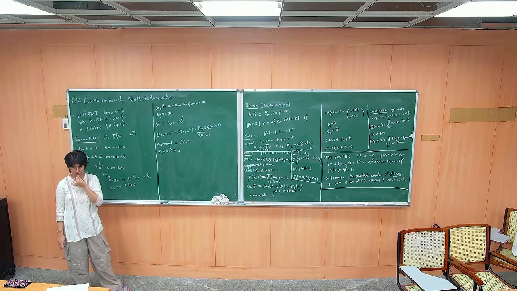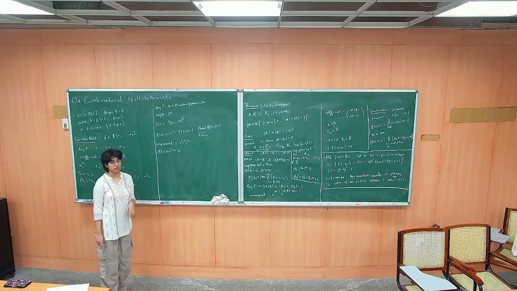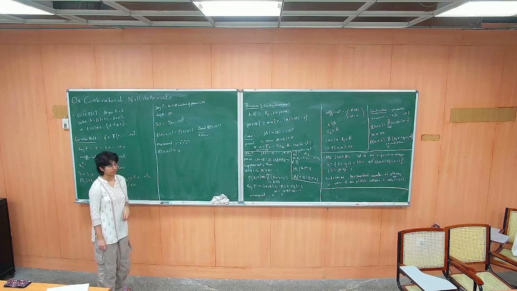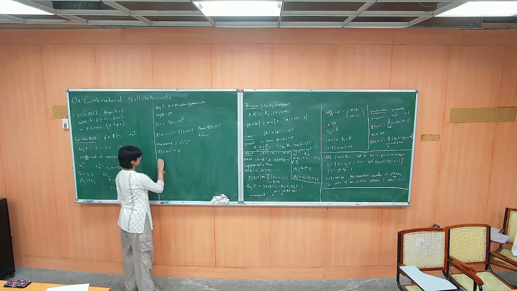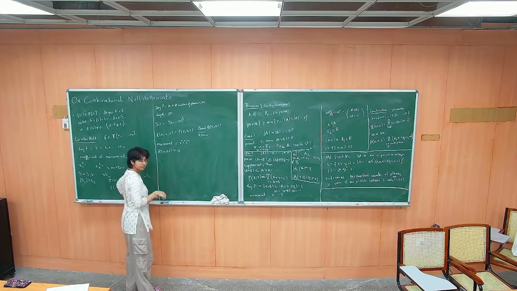Now we can directly use Combinatorial Nullstellensatz. What does it give you? The size of S_i is n plus 1 and the degree is n, so that condition is satisfied.